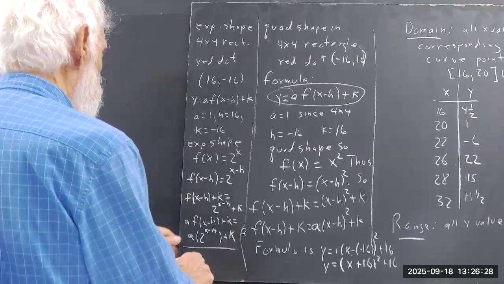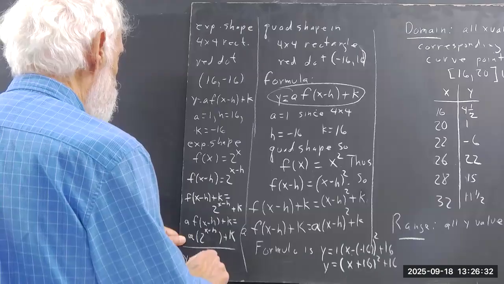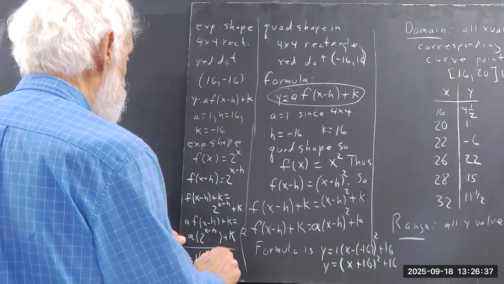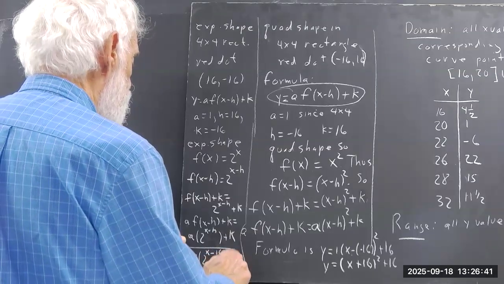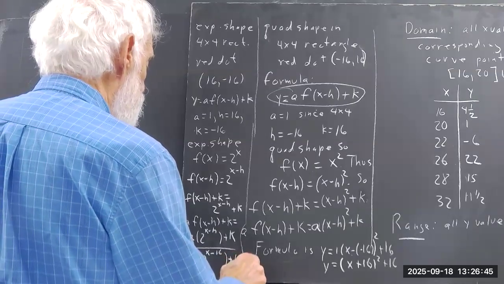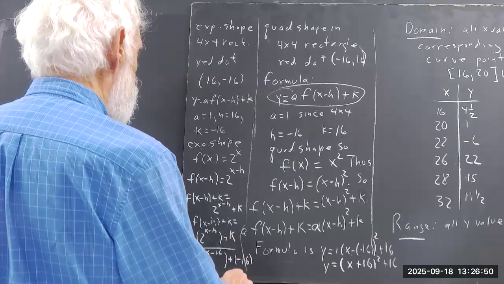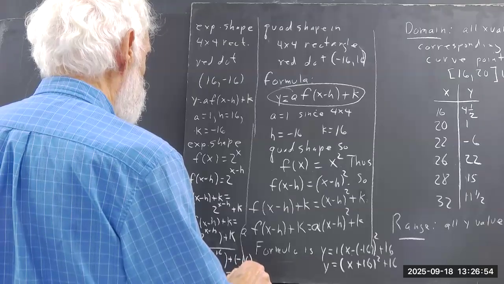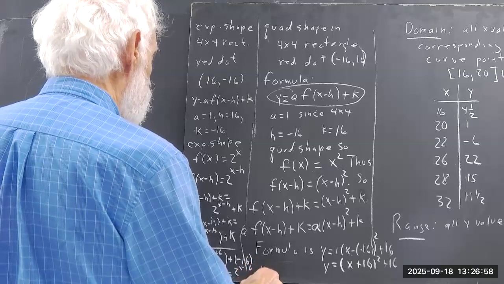So we finally get y equals 1 times 2 to the x minus 16 plus negative 16, which is 2 to the x minus 16 minus 16.